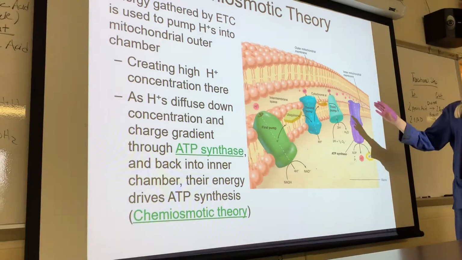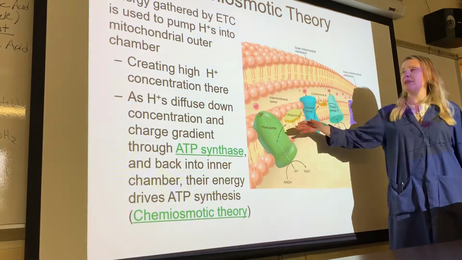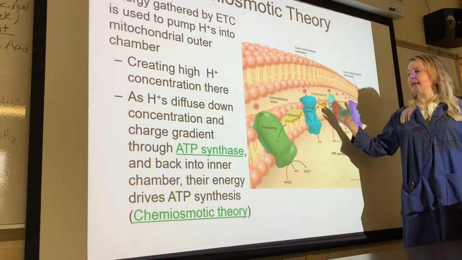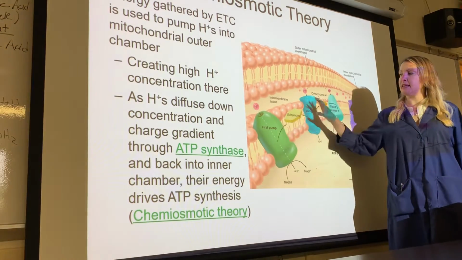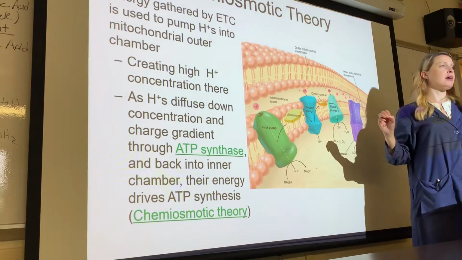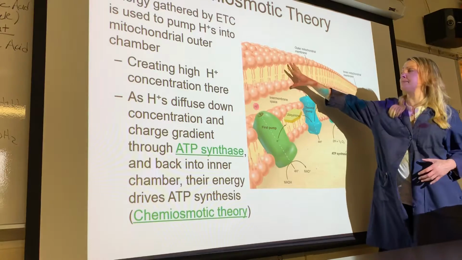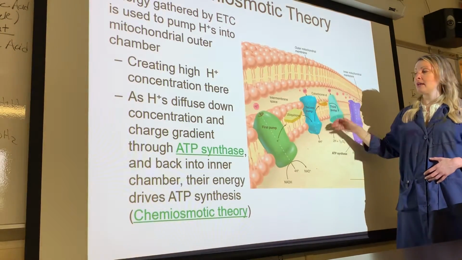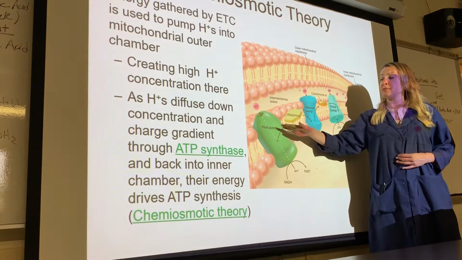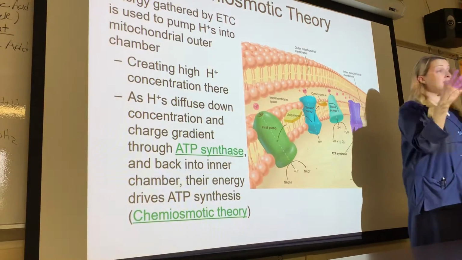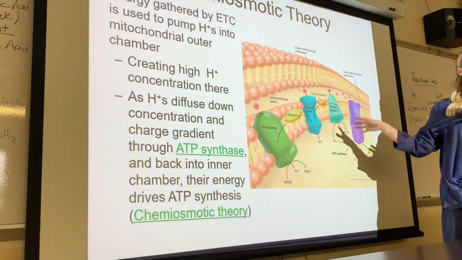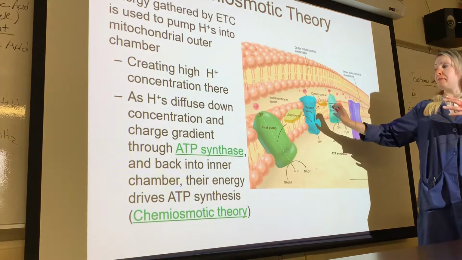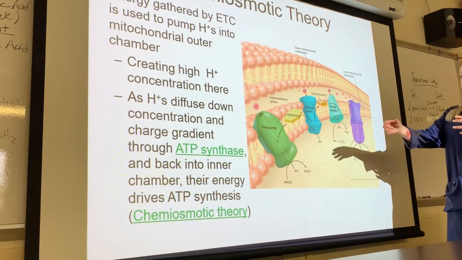So first of all, the electron transport chain is found in the inner membrane of the mitochondria. Remember, the mitochondria has an outer membrane and an inner membrane. The electron transport chain, and there are hundreds of them. This is just showing one, but there are hundreds of them in one mitochondria.